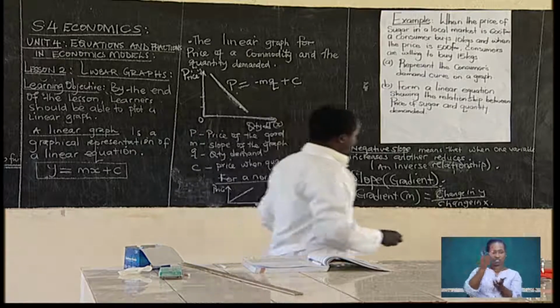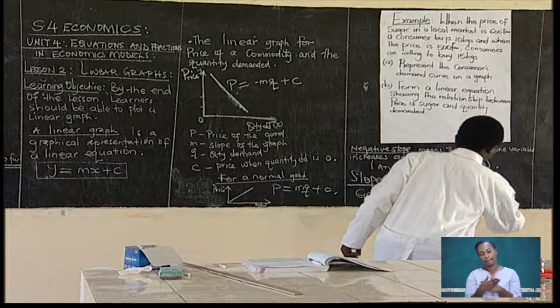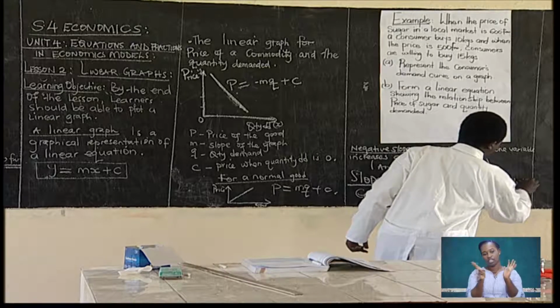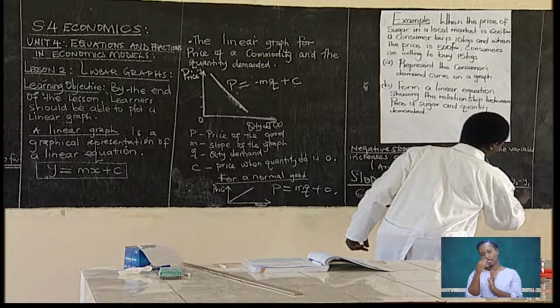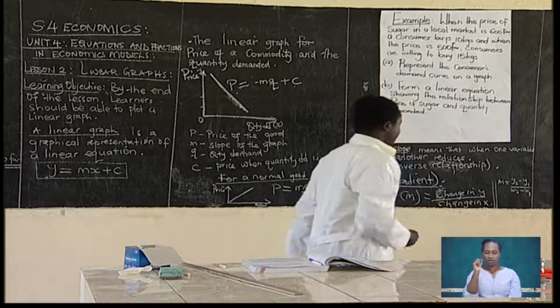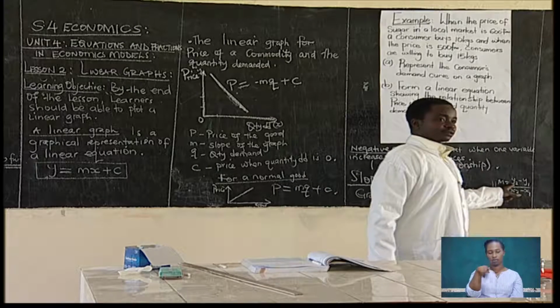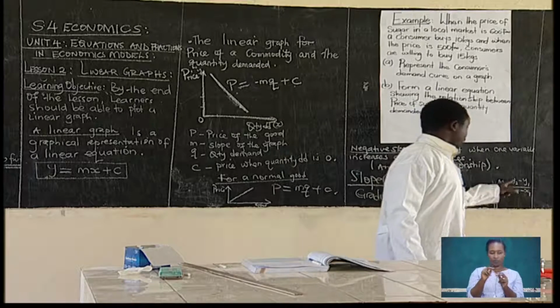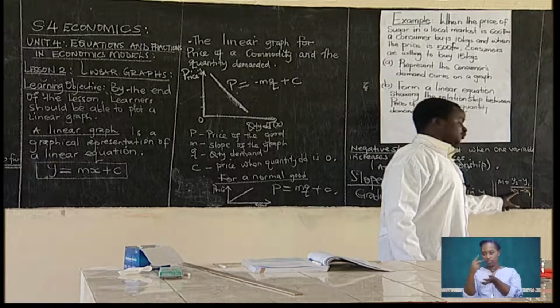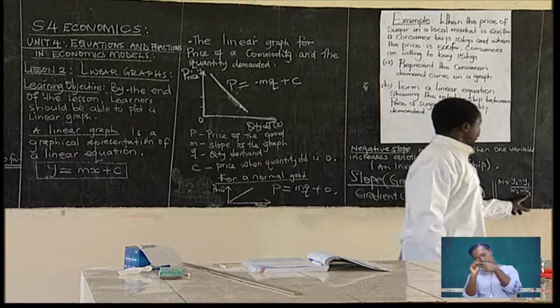Therefore, your gradient will be Y2 minus Y1 over X2 minus X1. That will be price 2 minus price 1 over quantity 2 minus quantity 1.